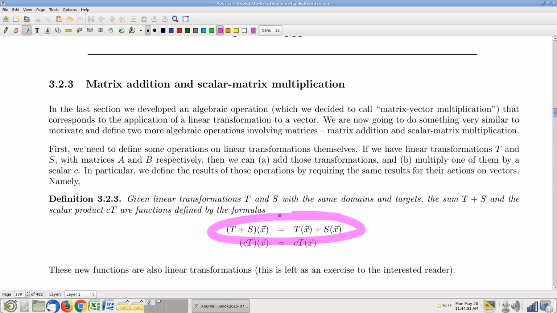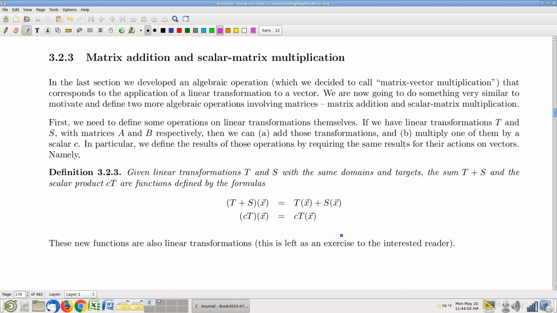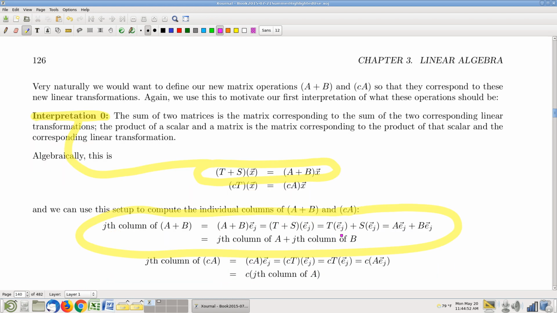So when we add two matrices, we better make sure that the formula we write down for how to add two matrices will actually accomplish this. We had better effectively be adding the underlying linear transformations. Nothing else would make sense. Okay, so that has corresponding consequences.